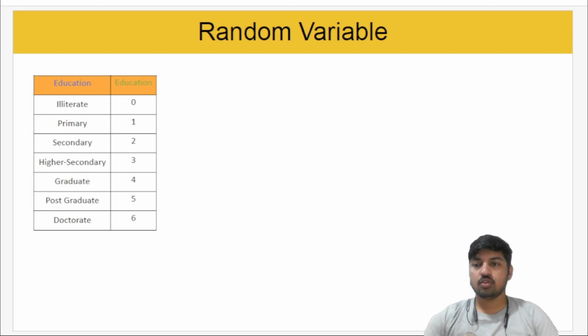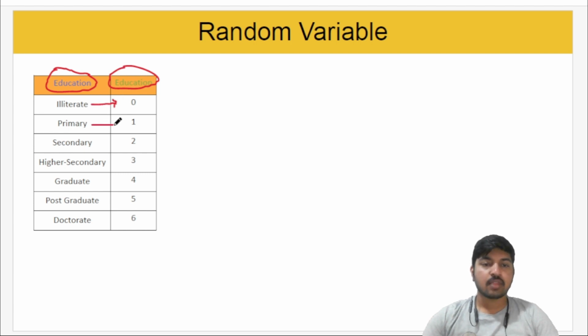Do you want to share something, Amit? Is it clear? Clear, bhaiya, got it now. So now here I have two variables with the same name, education and again education. But this time I have marked them, so this is called coding. I mapped illiterate to 0, primary to 1, secondary to 2.